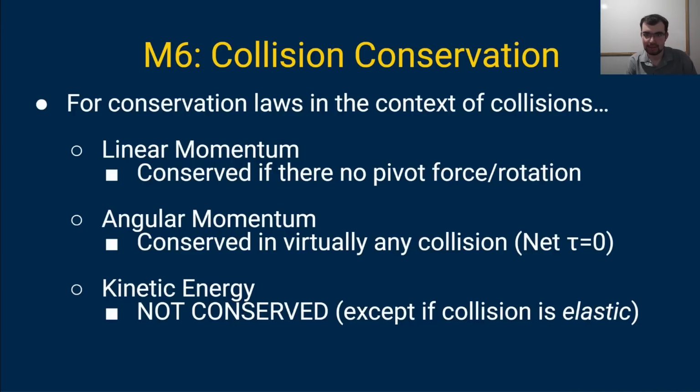So two crates hitting each other, two cars, or anything like that. That's when momentum should be conserved just with linear. Angular momentum is conserved more often. And you'd be hard pressed to find some of the collisions where angular isn't conserved, but it's only really helpful in that swinging rod variant.